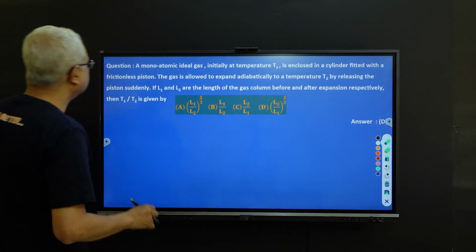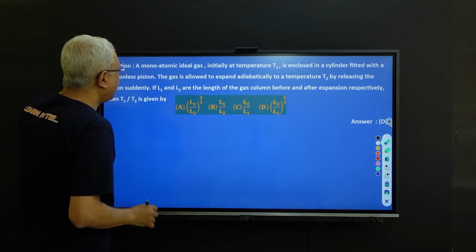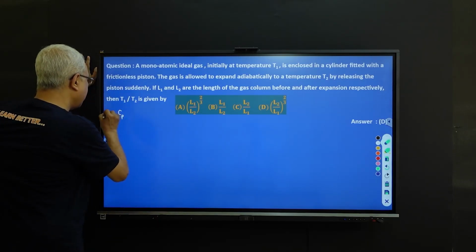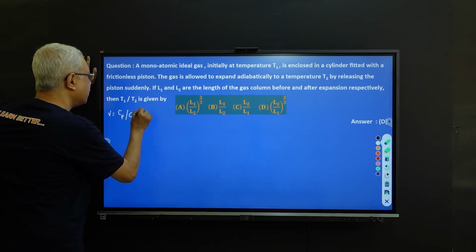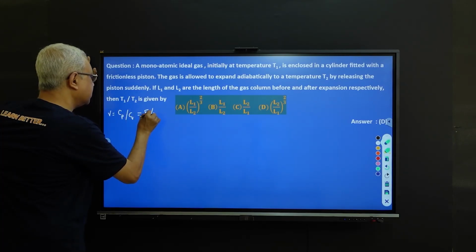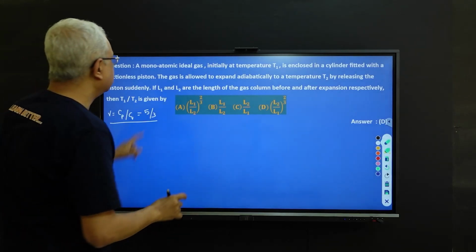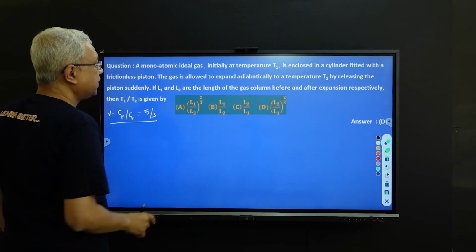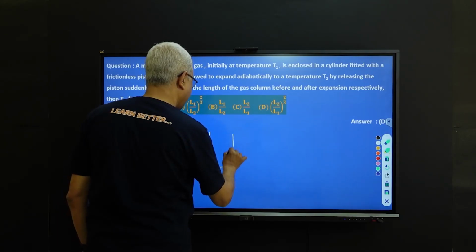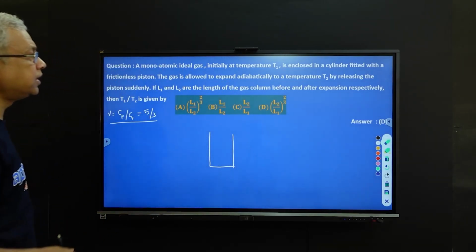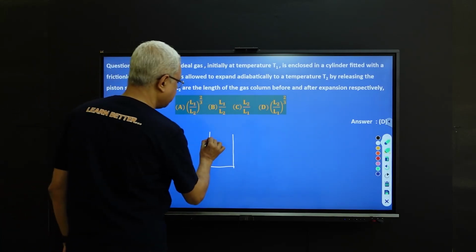Now, for a monatomic gas, gamma is equal to Cp by Cv, which is 5 by 3. Now a monatomic ideal gas initially at temperature T1 is enclosed in a cylinder fitted with a frictionless piston.